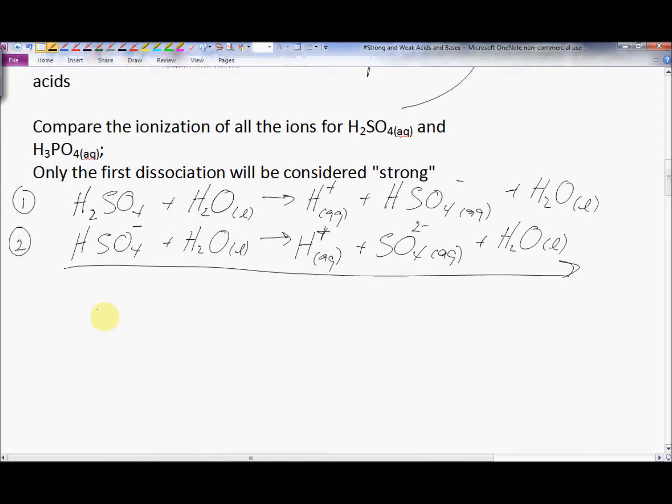It gets even worse with phosphoric acid. So here we have H3PO4. Put that together with water, and the first reaction will be to take away 1 hydrogen. Okay, then we're left with H2PO4.